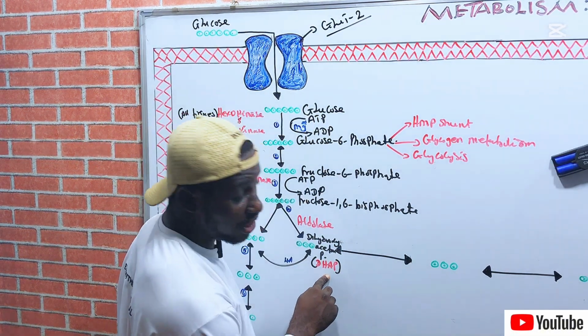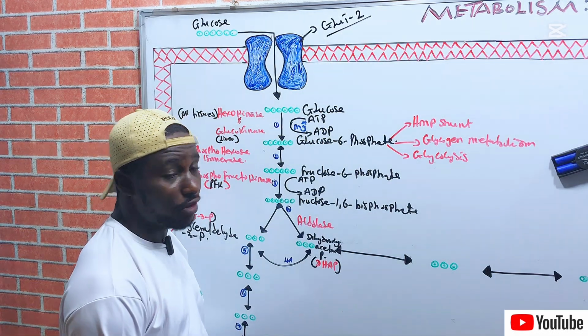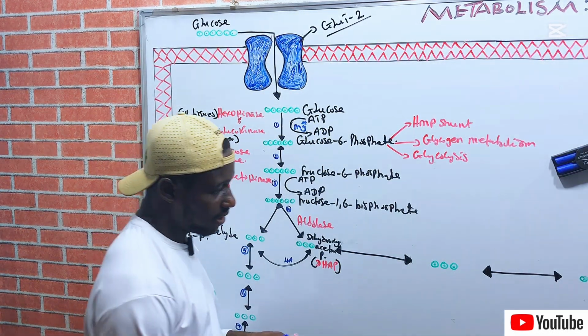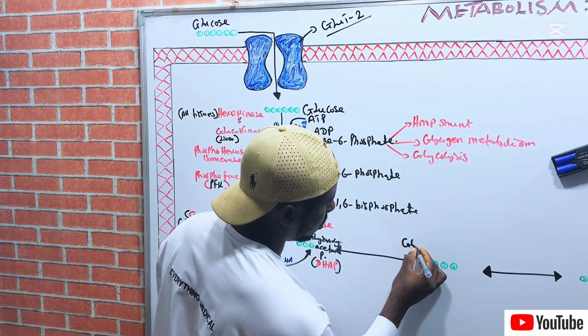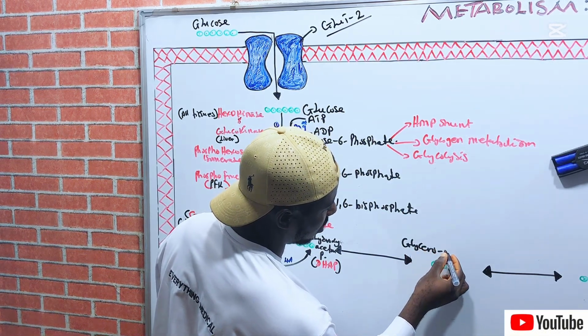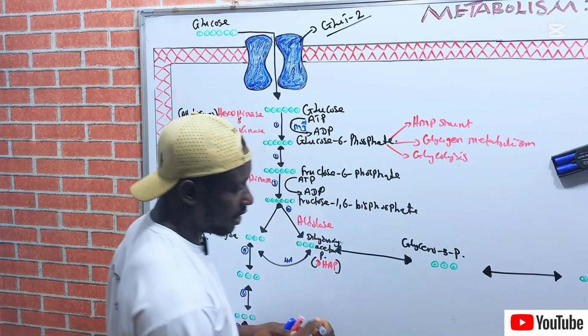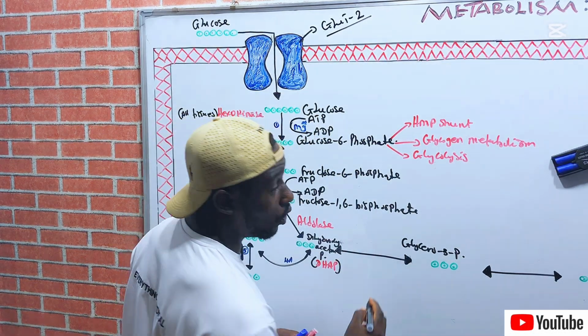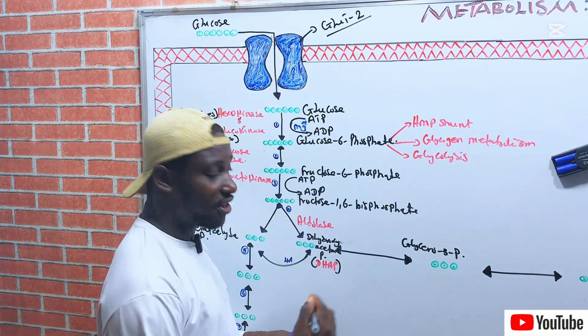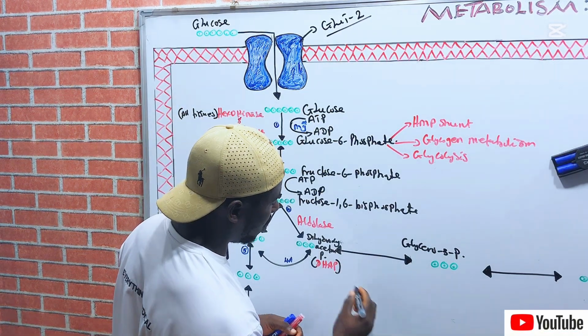DHAP will be dehydrogenated to form glycerol 3-phosphate. This is it here. Glycerol 3-phosphate by an enzyme called glycerol 3-phosphate dehydrogenase. So that reaction is a dehydrogenation reaction, right?